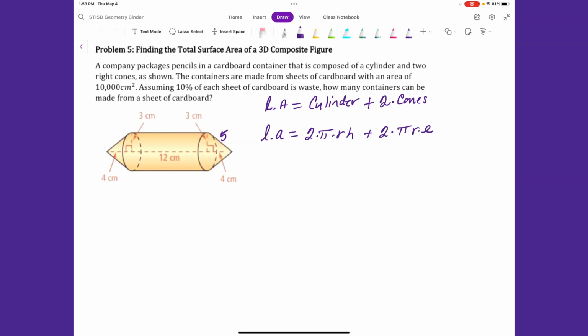The containers are made from sheets of cardboard with an area of 10,000 centimeters squared.